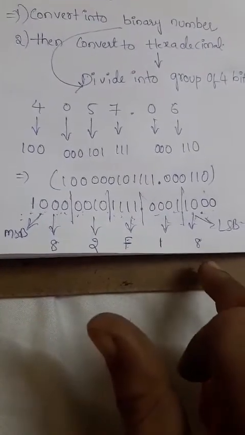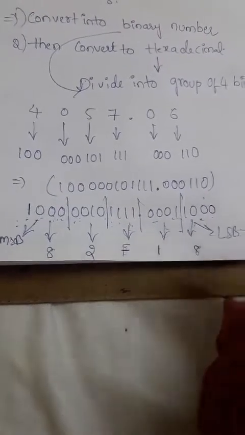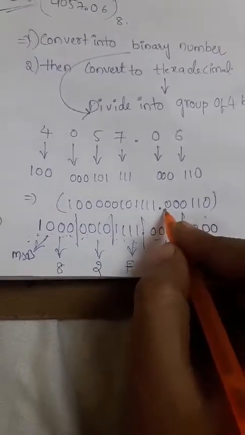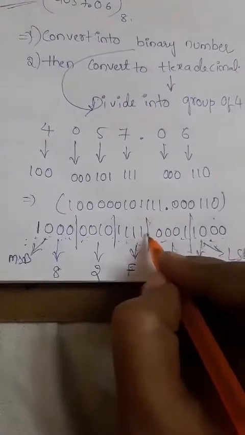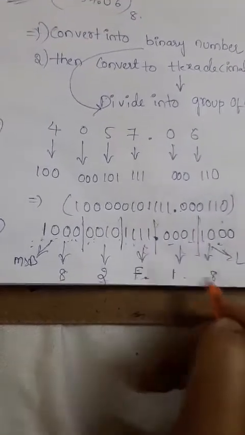So finally we get the result 8 2 F . 1 8. The fractional part comes after the F: 8 2 F.18.